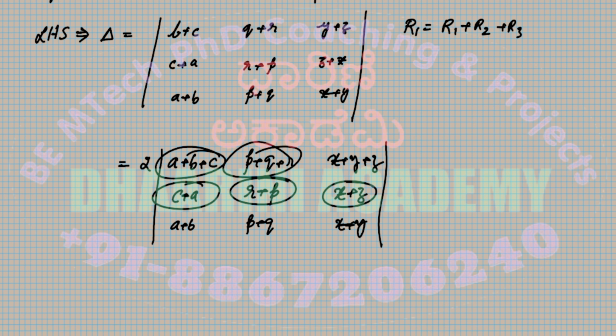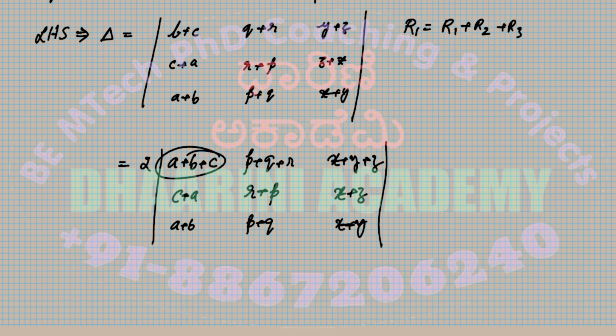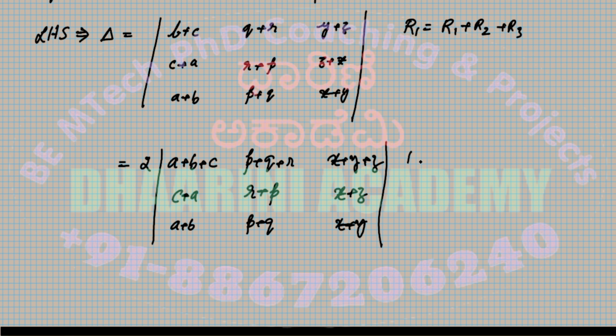So I'll try to apply the same concept for the third row as well. So if you do some row operations with the second row and first row, I'm going to retain only one term that I'm going to put into the second row. Same thing I'm going to repeat with the third row as well. So third row and first row do something so that only one single term remains, put it into the third. So this is what is a suitable operation I find.